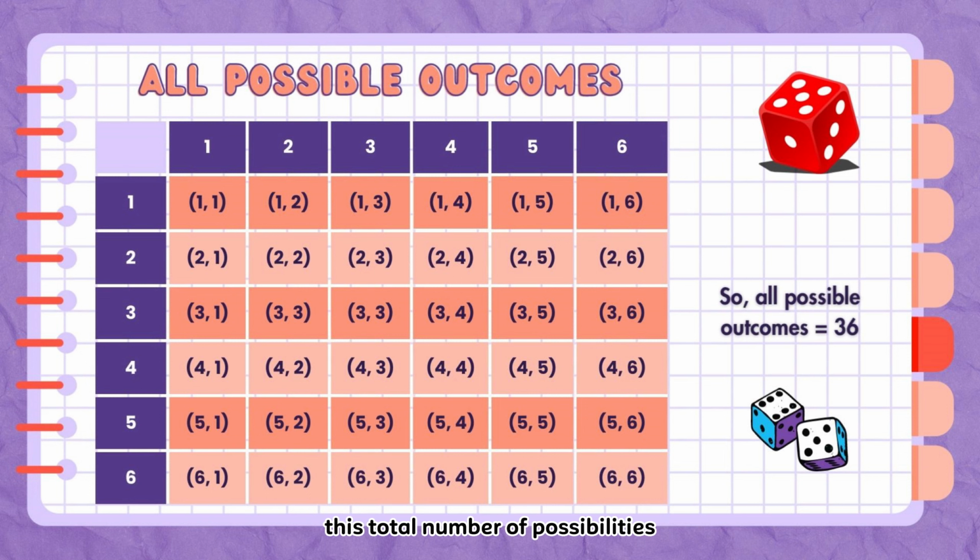This total number of possibilities can be obtained from the multiplication principle. There are 6 possibilities for A, and for each outcome for A, there are 6 possibilities for B. So, the total number of joint outcomes (A, B) is 6 times 6, which is 36. The set of all possible outcomes for (A, B) is called the sample space of this probability experiment.